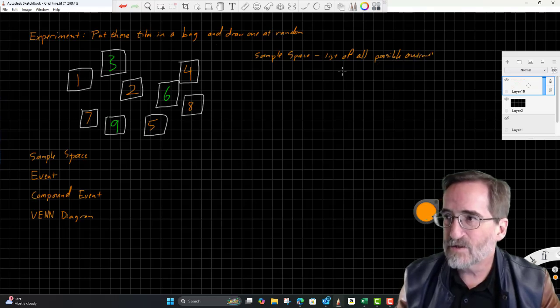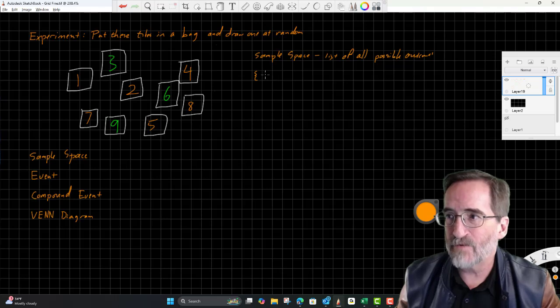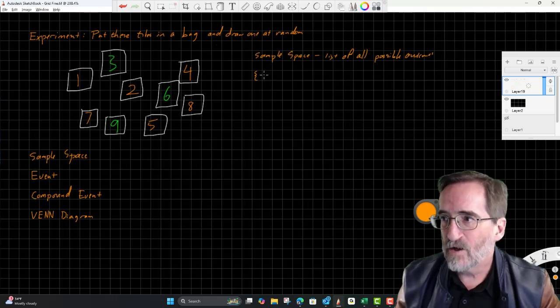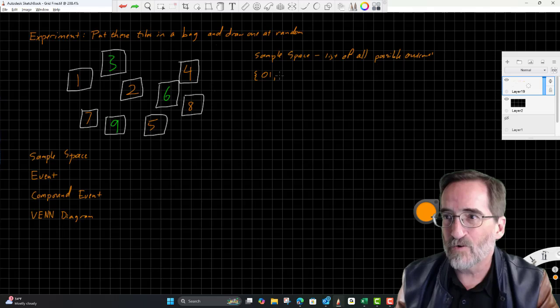In this case, the sample space is indicated by curly braces, and we list the outcomes. I'm going to use O for orange. I'm going to do all in order here, though it doesn't have to be in order, and there's no particular order to the list.